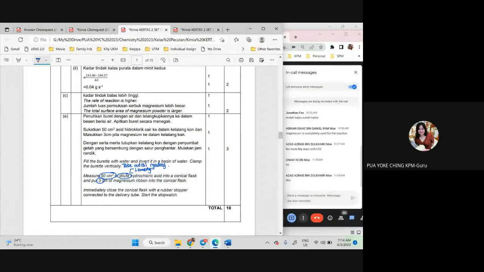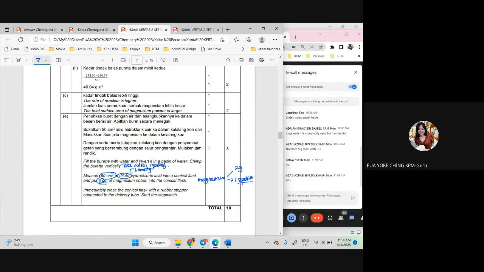And then sama magnesium ribbon, this is ribbon, so pakai panjang. Kalau you pakai magnesium powder, then you need to use 2 gram or you use 1 spatula. Okay, so step yang seterusnya, immediately close the conical flask with stopper connected to delivery tube.